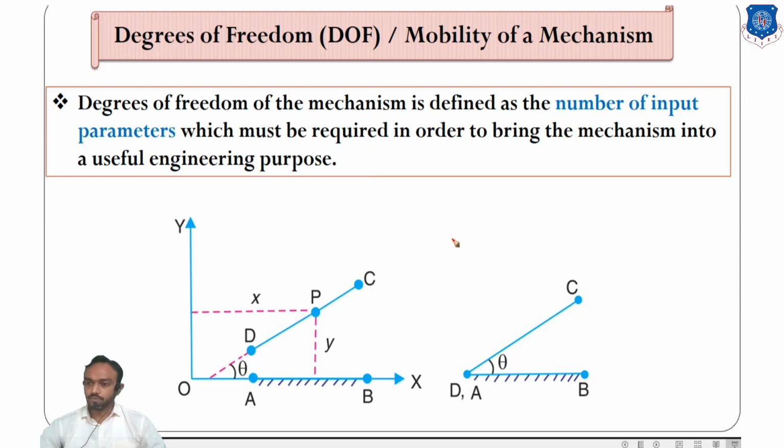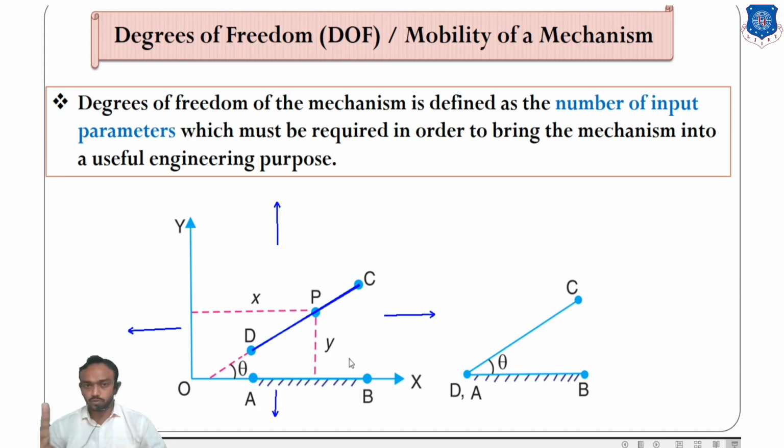For a single link, you can see this link DC, how many degrees of freedom does DC have? Totally free in 2D space, it can move in the X direction, or the Y direction.